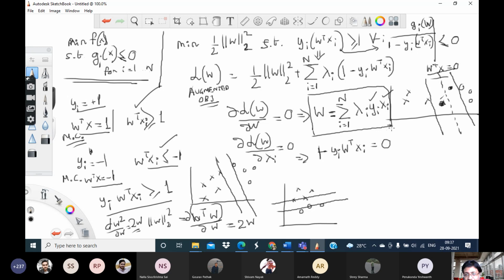The only term like this is lambda i times (1 minus yi w transpose xi), and there is only one term like this. So basically I get another equation in w.